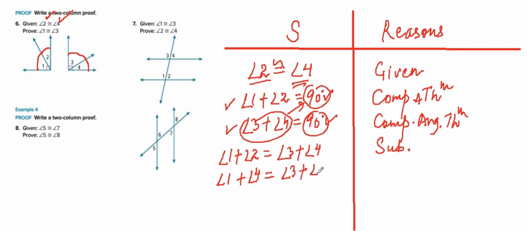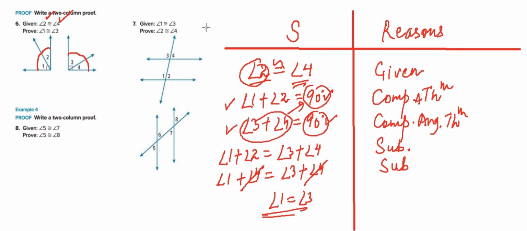Angle 3 plus angle 4 as it is. Again substitution you did because angle 2 is equal to angle 4. Now simplification, same term both sides will be cancelled out. So angle 1 will be equal to angle 3, hence proved. So this is done. So angle 1 equal to 3.